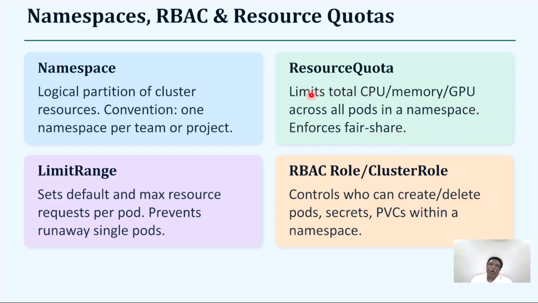So across all pods in a namespace, right? And namespace is basically a portion in the cluster resource, right? And then we have this, set default and maximum resource requests per pod, prevents runaway single pods. So this is the limitation. And then controls who can create, delete pods, okay? Then PVCs within a namespace, so on and so forth, that we will see, right?